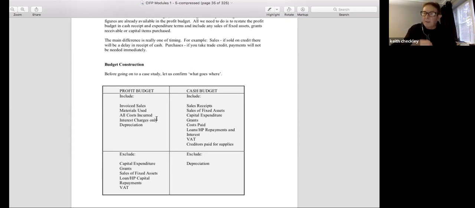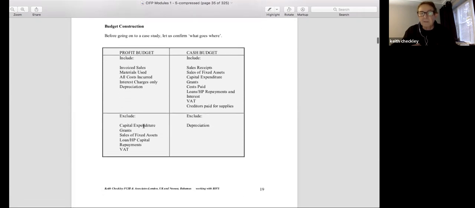So any capital repayments, if there are loans, won't go in the profit budget because they're capital items. Depreciation will go in because depreciation is a charge. It's a bookkeeping item, a charge on the fact that generally assets will depreciate over time. So the accountants are allowed to build a depreciation charge into the income statement.